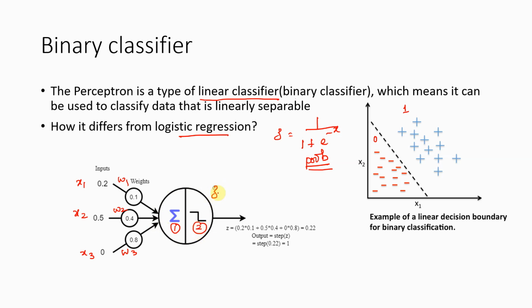During the summation, we get sigma X into W; we multiply each input with the corresponding weight and get the weighted sum. During the activation, we pass this to the activation function. The activation function has some threshold values, and based on that, we get the label of the class, either class 0 or class 1.